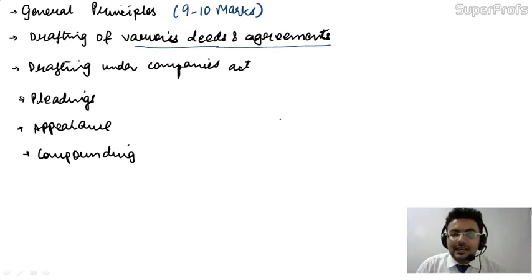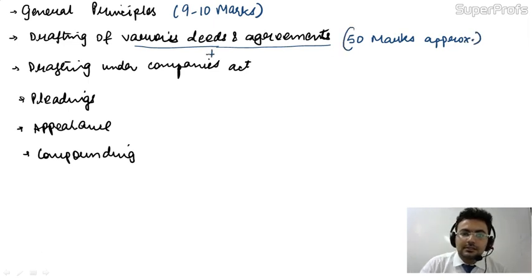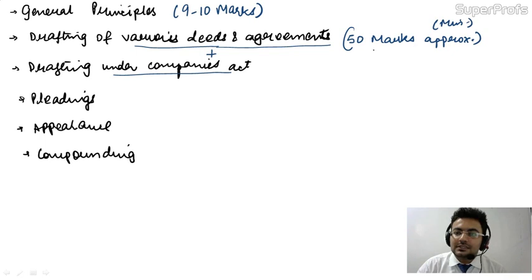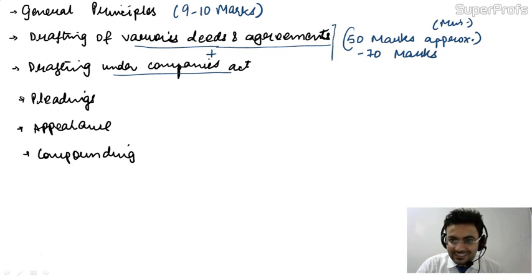In your exam, this generally comes for approximately 50 marks, or you can say minimum. This can range from 50 to 70 marks actually. You need to pay more focus over here.